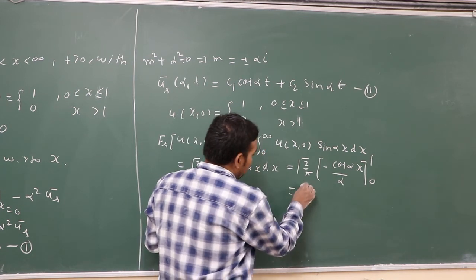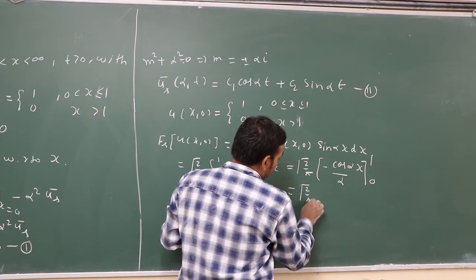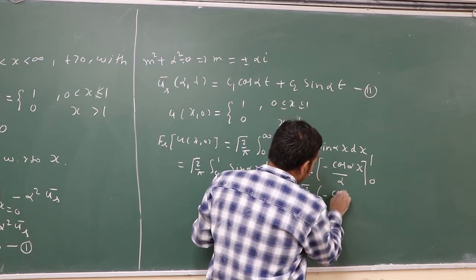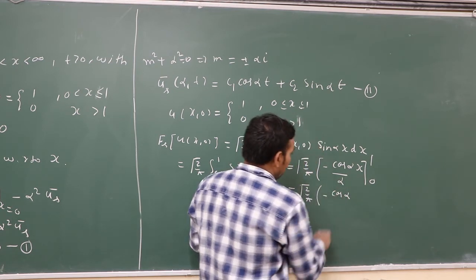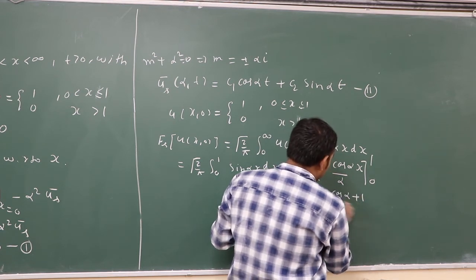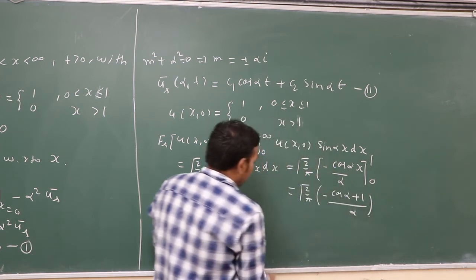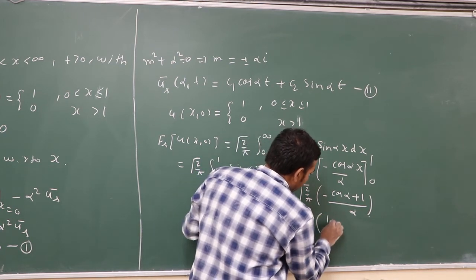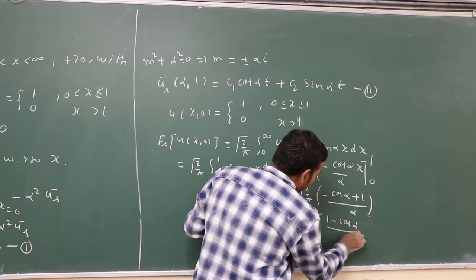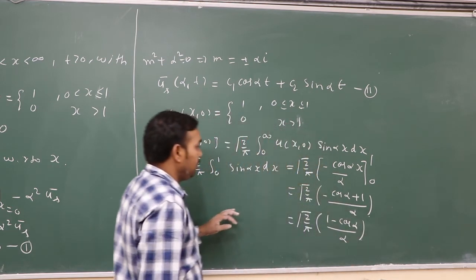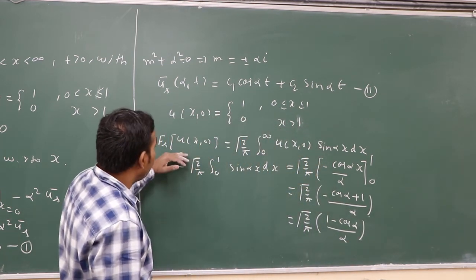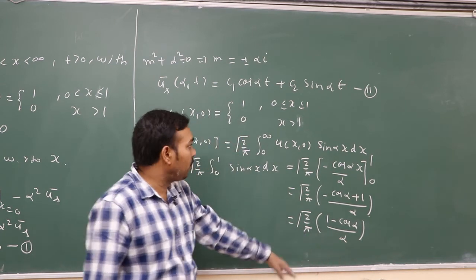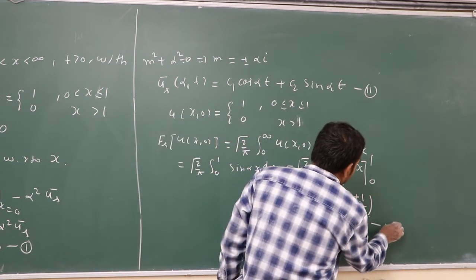So we can write under root 2 upon pi, minus cos alpha upon alpha plus 1 upon alpha, which is 1 minus cos alpha upon alpha. So the Fourier sine transform of this is under root 2 upon pi, 1 minus cos alpha upon alpha.